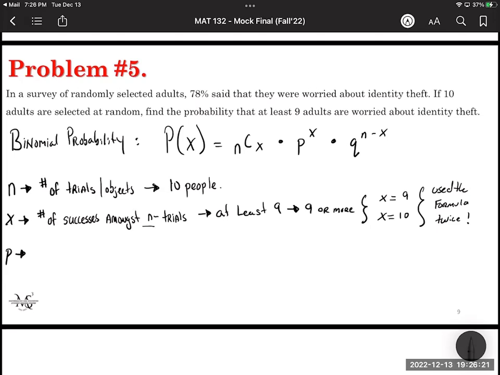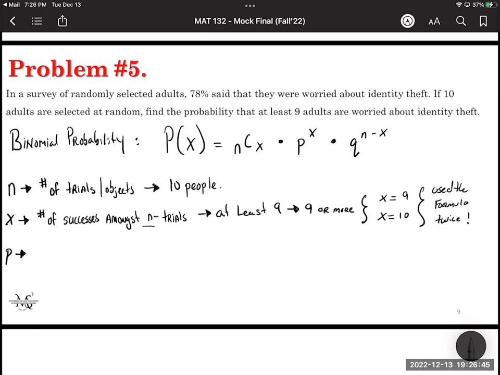So how do we define p in your class? Well, the little p, not the big P. The success rate. I'm sorry to confuse you, because there were two different P's.